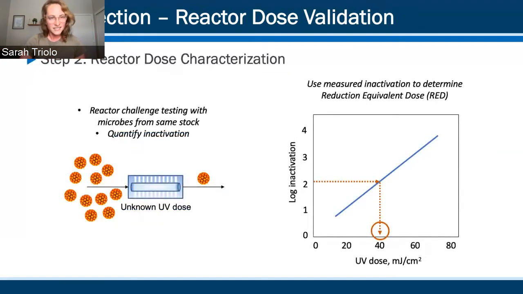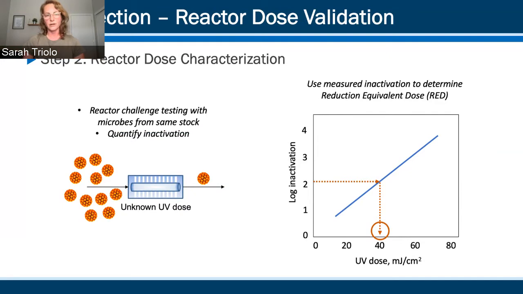And then the second step is determining the dose that your reactor is delivering. This involves challenge testing with the same organisms that you just used to develop your dose response curve. So now you can challenge test your reactor with a known concentration of those organisms, and you can measure what's going in and what's coming out. You can measure how much inactivation is occurring, and then you back out what the dose was based on how much inactivation was occurring.